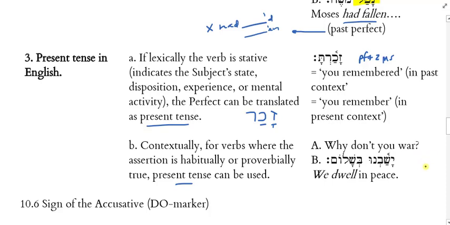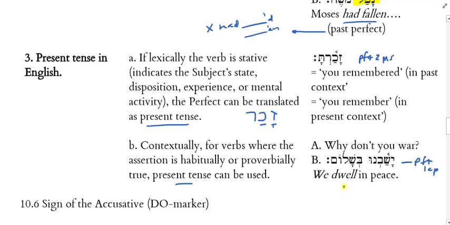And the answer could be a habitually or proverbially true statement using the perfect conjugation. And here I'm using the perfect first common plural, yashavnu b'shalom. Why don't you war? Yashavnu b'shalom. Well, because we dwell in peace. Notice that in this context, the perfect, which normally could be translated as past, could be rendered present tense because this is a habitually or proverbially true kind of statement. Yashavnu b'shalom.